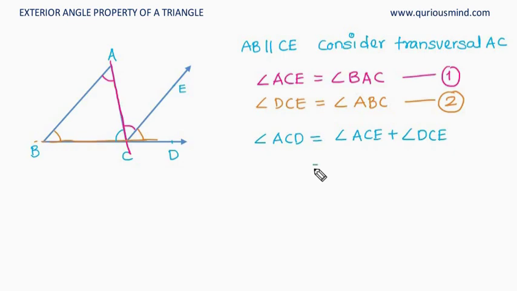And we have seen that ACE is equal to angle BAC, and angle DCE is equal to angle ABC.